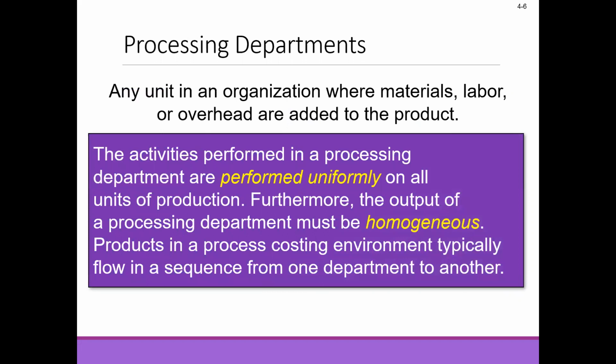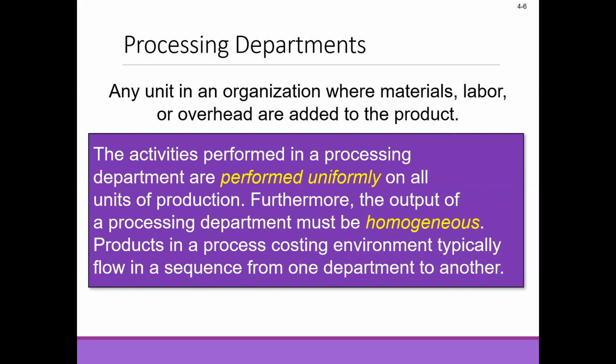The processing departments, any unit in an entity where there are materials, labor, or overhead that get added to the product. These activities performed in a processing department get performed the same, uniformly the same on all units of production.